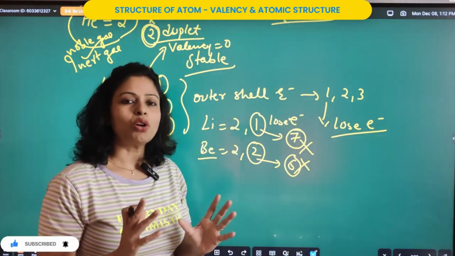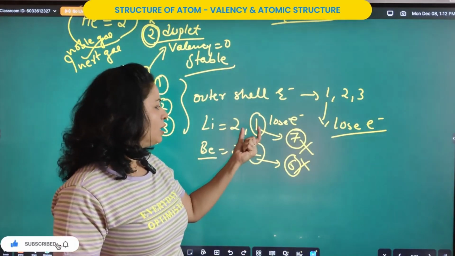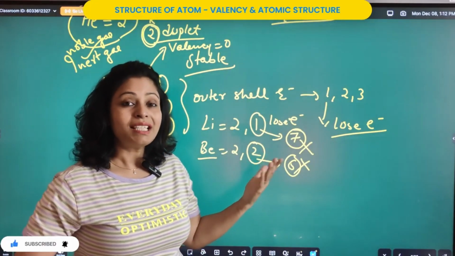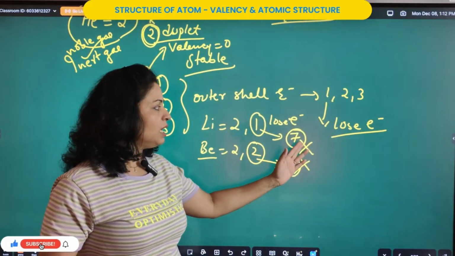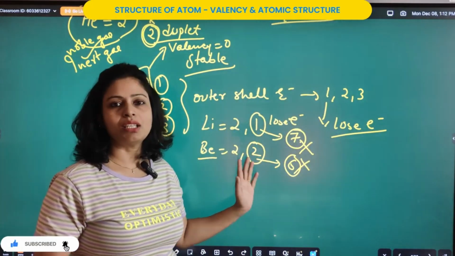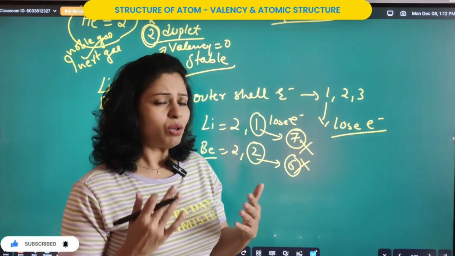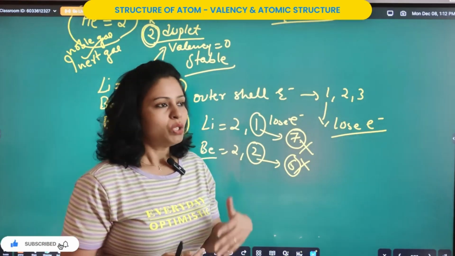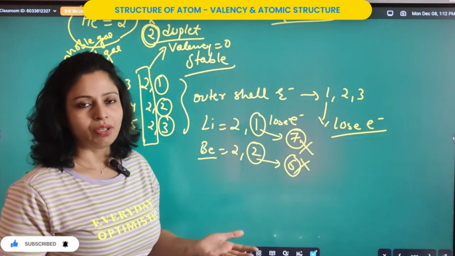So here we have to talk about electronic energy. To lose 1 electron, or for beryllium to lose 2 electrons, is much easier. Much less energy is required to lose 1 and 2 electrons rather than gaining 7 electrons or 6 electrons. The atom always tries to have a favorable condition where it is not losing much energy, so it goes with that path.